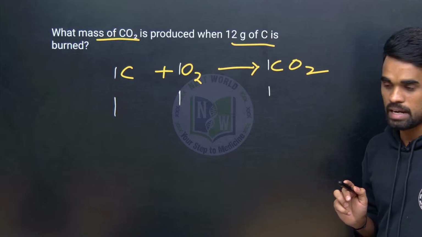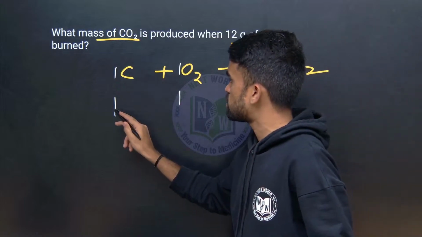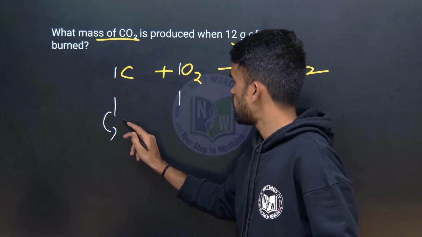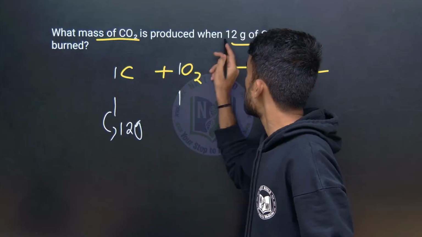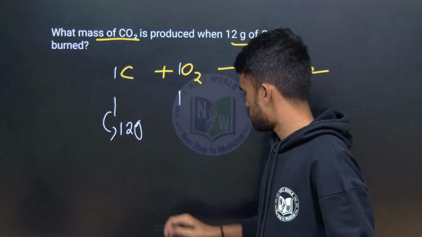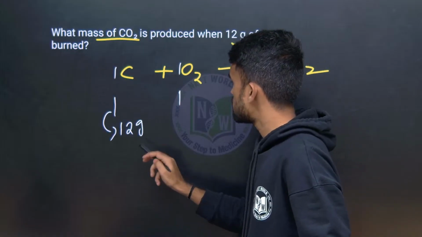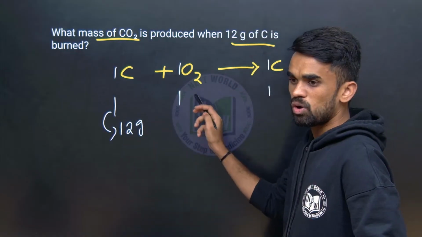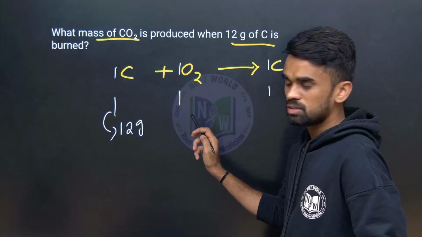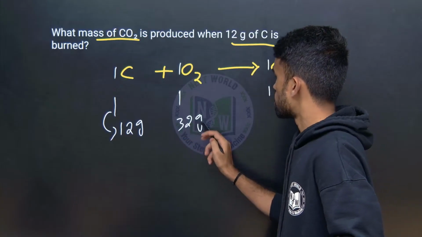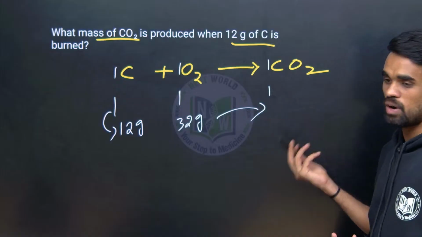Everything is balanced, right? Now 1 mole carbon means what is its weight? 12 grams. In the question also they have mentioned 12 grams. Okay, 12 grams. So this 12 grams reacting with 1 mole of oxygen. 1 mole of oxygen means what is the weight? 32 grams. Then what is the weight of CO2 formed?